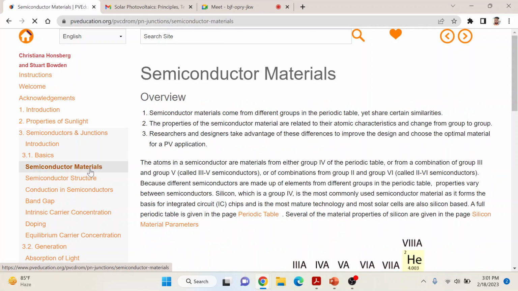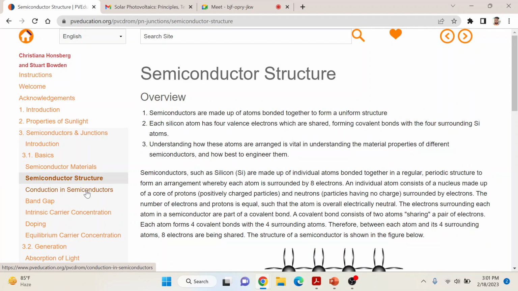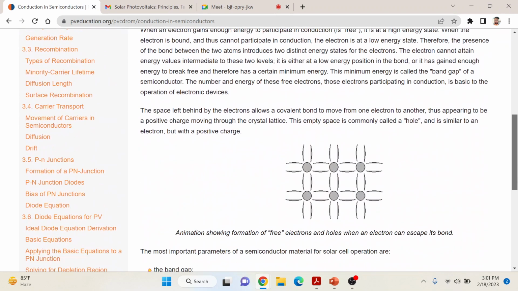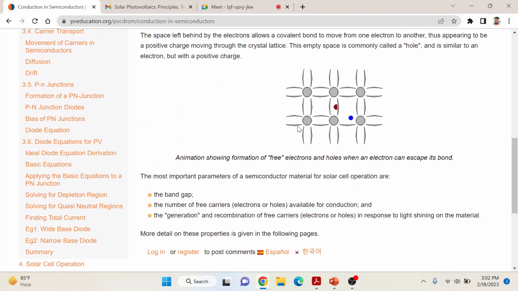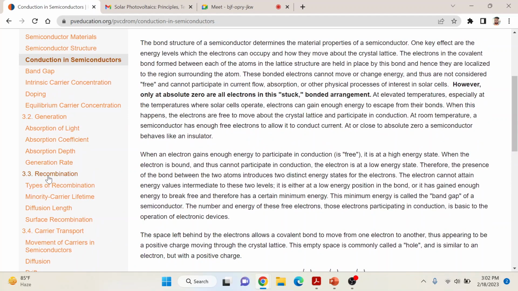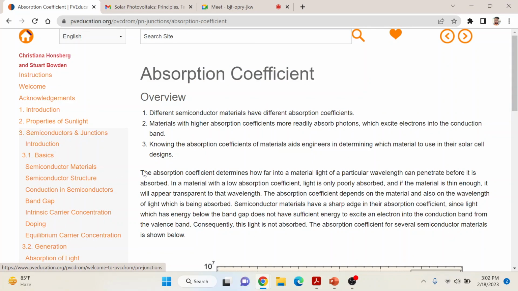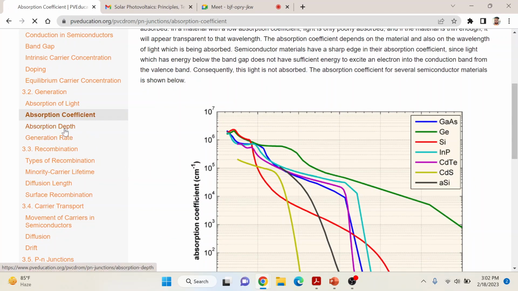The best thing about this website is you get everything in the form of videos. You can get a short clip so that you can clear your concept. Sir taught about recombination, generation and carrier transport in the last class. If you see, everything is explained very well here.